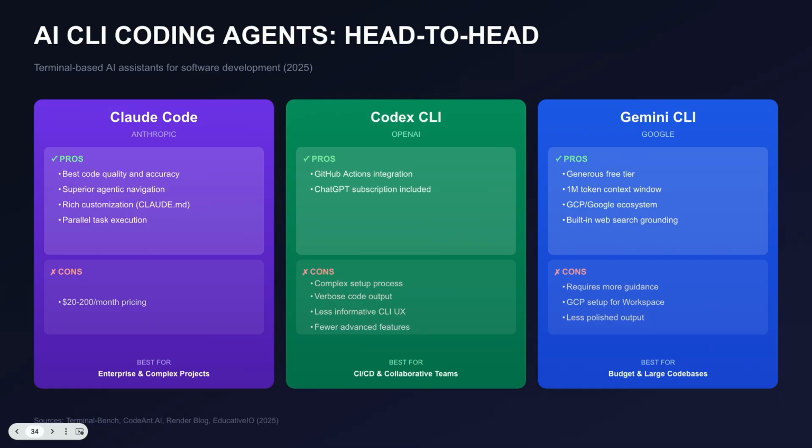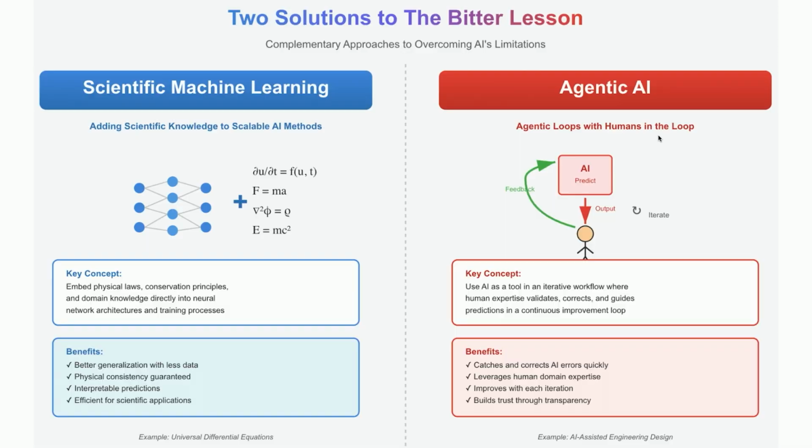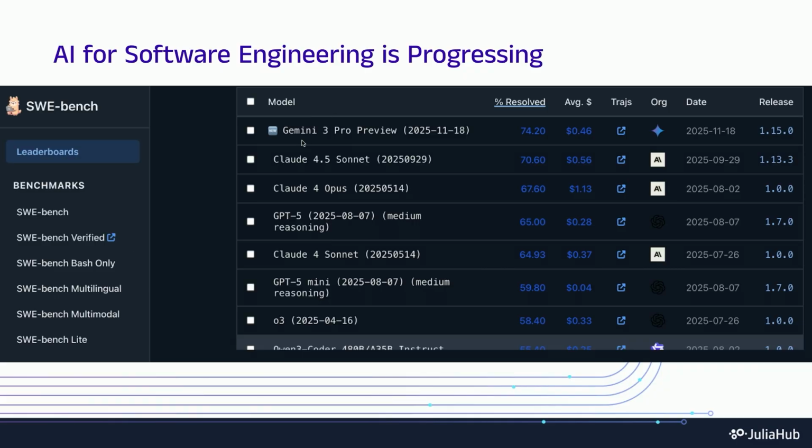Now, where these other tools come into play is that Codex CLI is the one that's by OpenAI. So if you already have a ChatGPT subscription, then you can probably already start to use Codex, which is kind of like a nice add-on here. And Gemini, again, if you look at the most recent results, Gemini and Claude are the ones that are definitely on the top. GPT-5 is about 10% less accurate or some measurement, right?